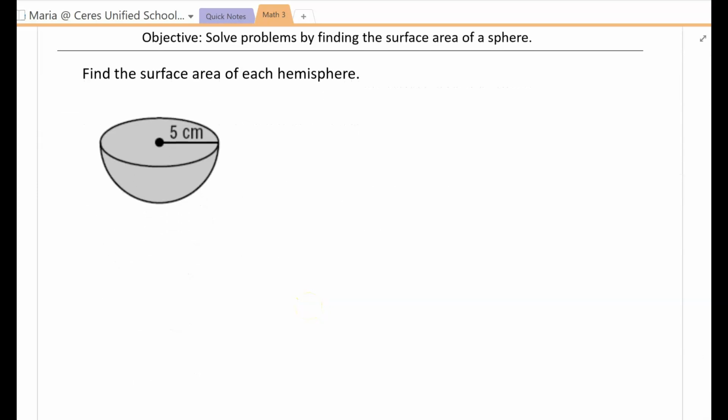This one says find the surface area of each hemisphere. So surface area means including the base. Okay, so now I'm going to add another circle to it. Because I'm adding this circle here, I have to add a pi r squared to my formula.